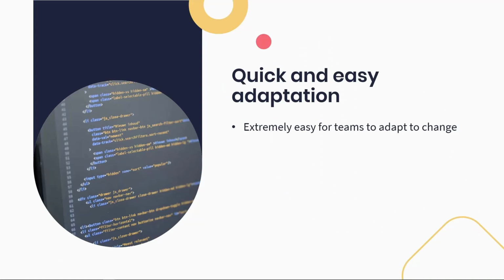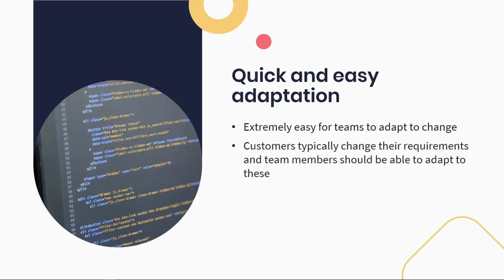The nature of the process itself encourages teams to embrace and practice adaptable programming techniques. Agile acknowledges that customers typically change their requirements, and team members should be able to adapt to these without going through a lengthy requirement change process, with lots of red tape such as review and approval.